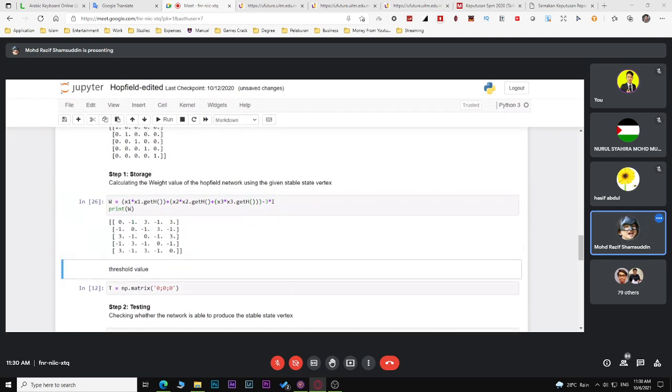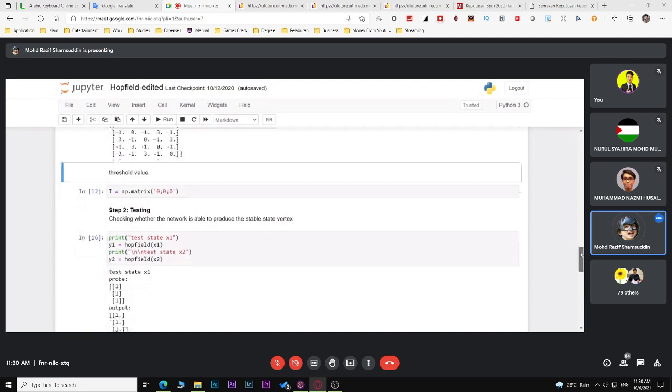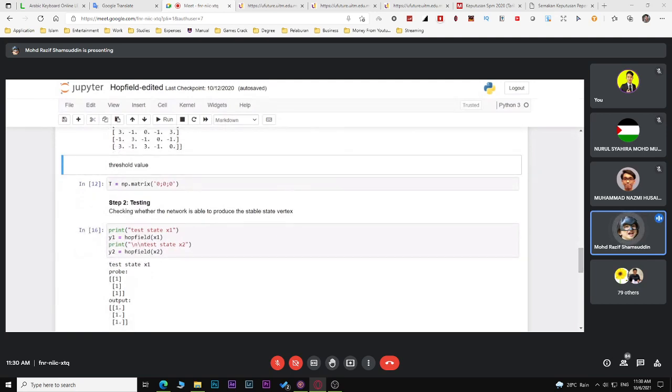Okay. Right, so this is the weight. Kita check dalam buku page 195. Sama tak? Sama sir. Sama. Okay, so maknanya betul lah kita kira kan. Alright, so yang ini adalah demi threshold dia. Threshold dia ada 5 je. Neuron dia 5. Kita nak test.